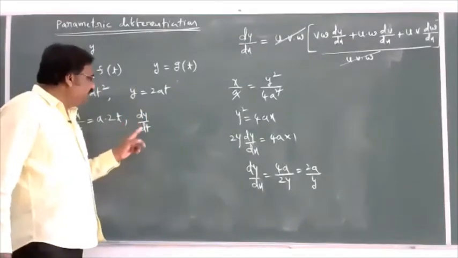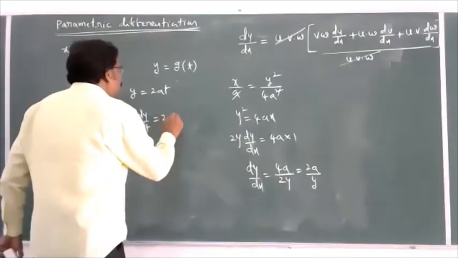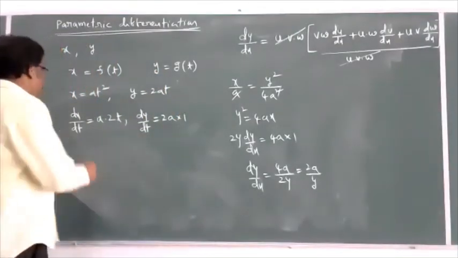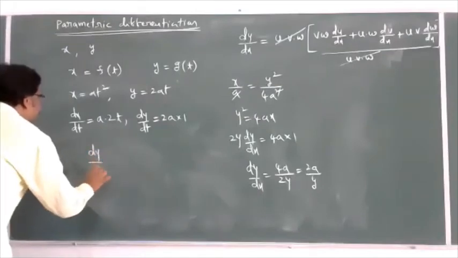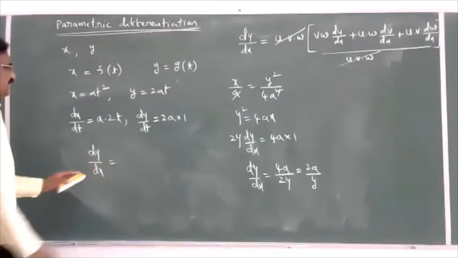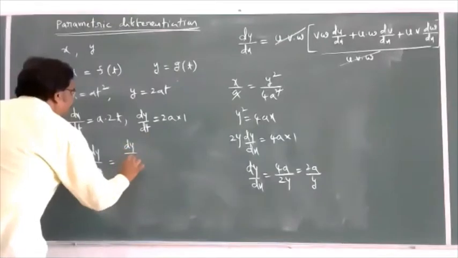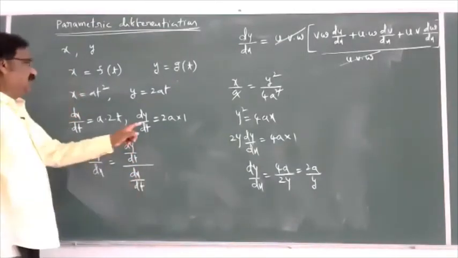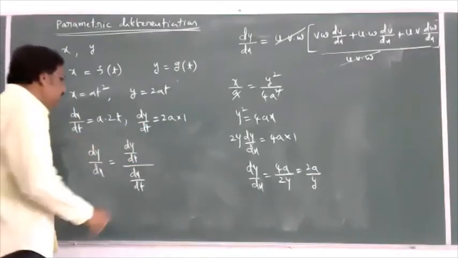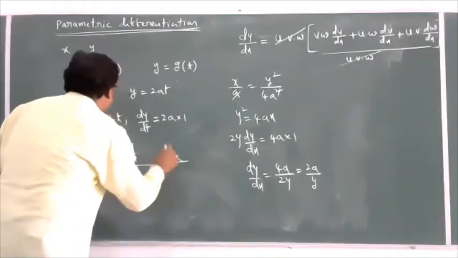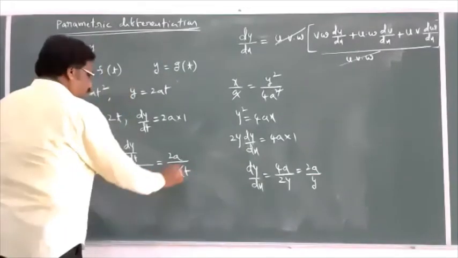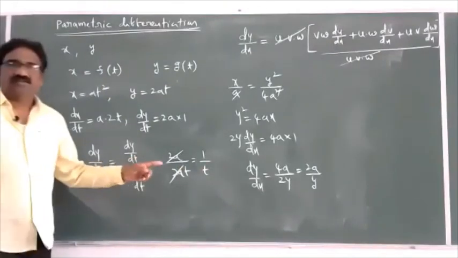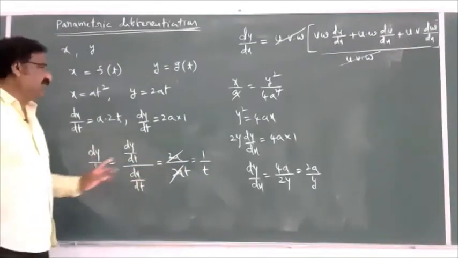So dy by dt is equal to 2a, constant, into the derivative of t, which is 1. We require dy by dx. That's why dy by dt divided by dx by dt, that is equal to 2a by 2at. 2a cancels. That is 1 by t. That is the dy by dx.